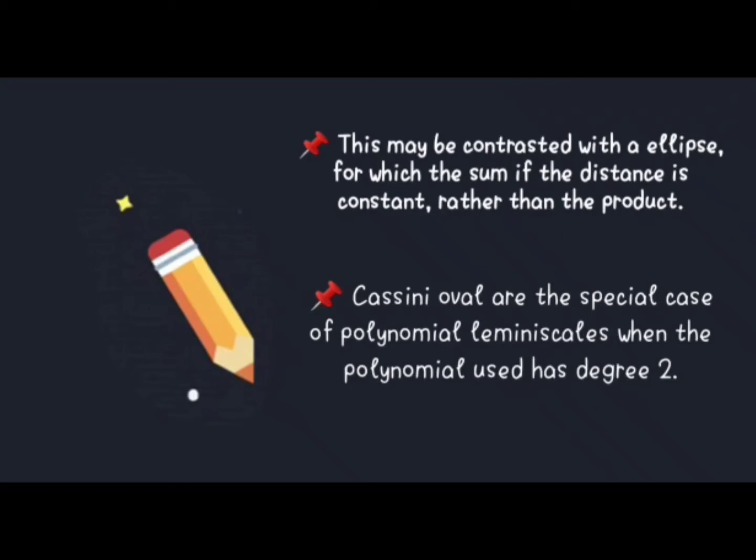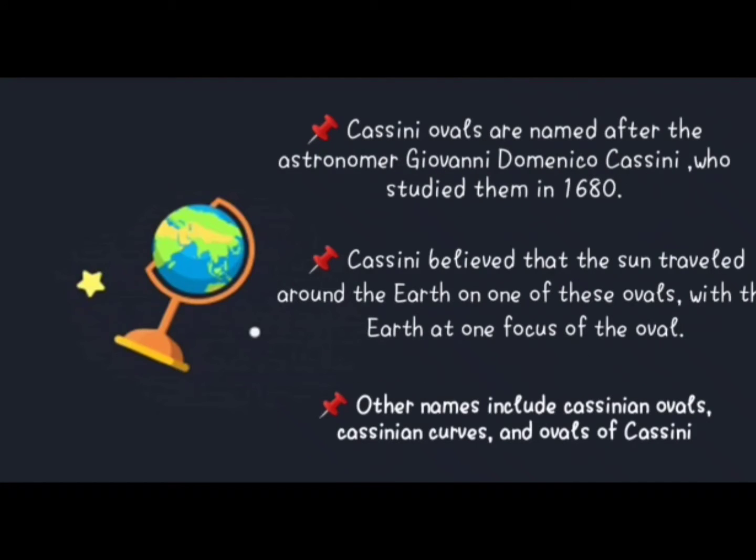Cassini ovals are the special case of polynomial Lemniscates when the polynomial used has degree 2. Cassini ovals are named after the astronomer Giovanni Domenico Cassini who studied them in 1680.